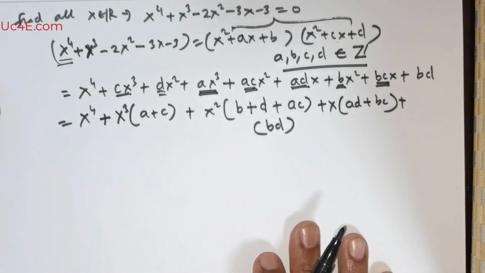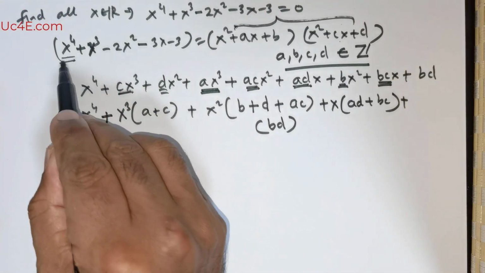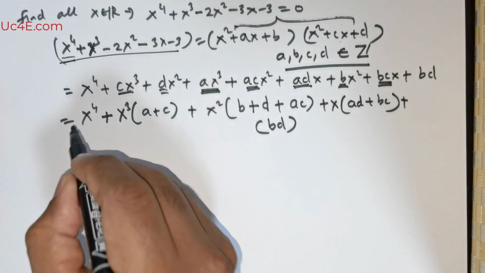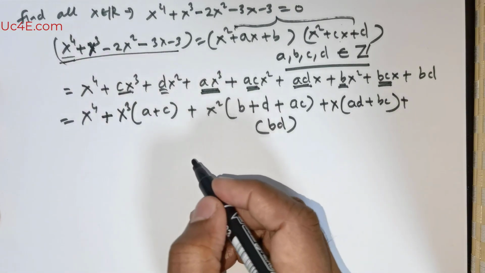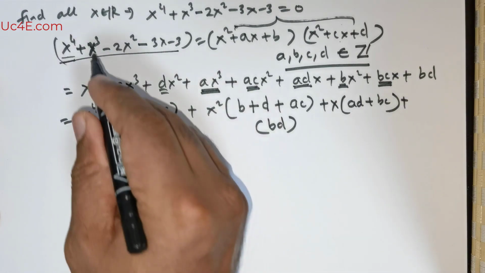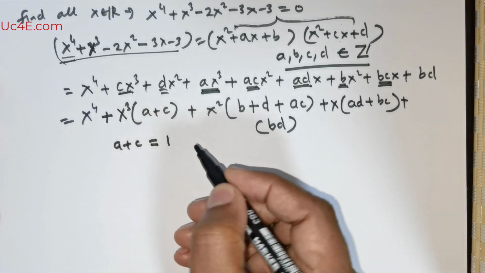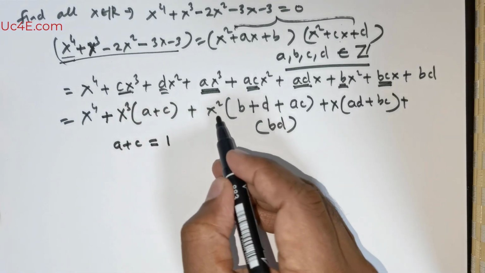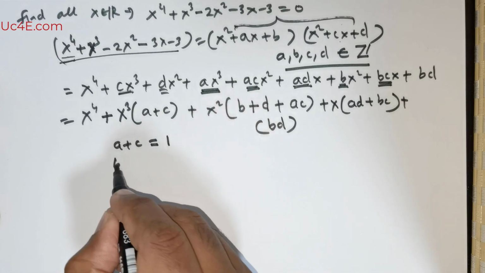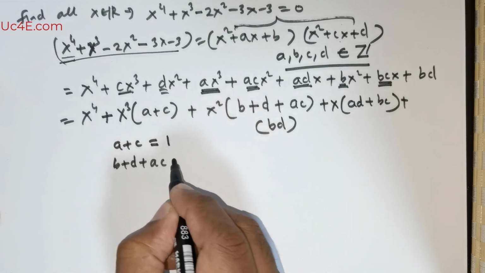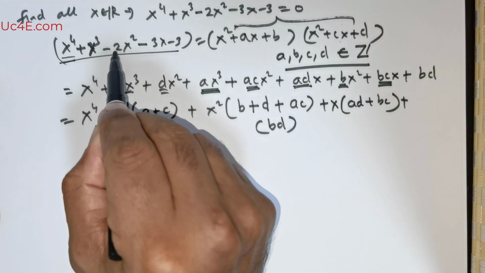Now let me equate it with the quantity on the left hand side. For x to the power of 4, there is nothing to equate. x to the power of 3 has a coefficient 1, so a plus c is equal to 1. In x squared, b plus d plus ac is equal to negative 2.